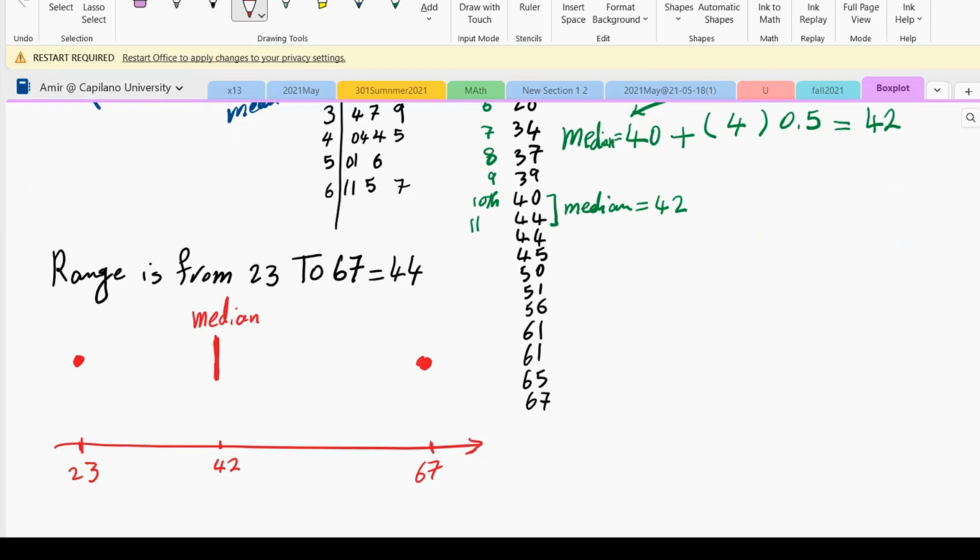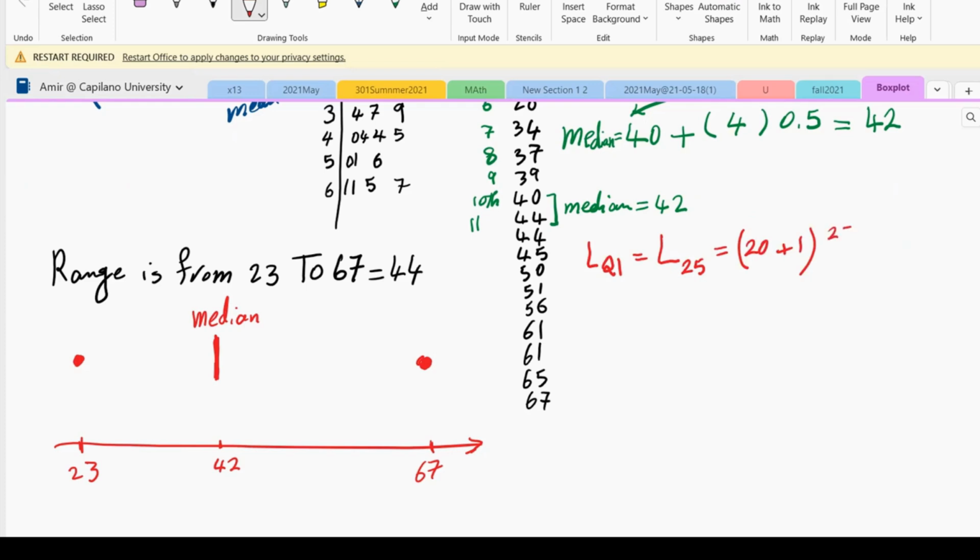But we do more. The next thing that we do, we identify the location of quartile 1, which is the synonym of saying the location of the 25th percentile, or where the first 25% of our observations are located. For that, we calculate again n plus 1, which is 20 plus 1, multiplied by p, but this time p is 25.